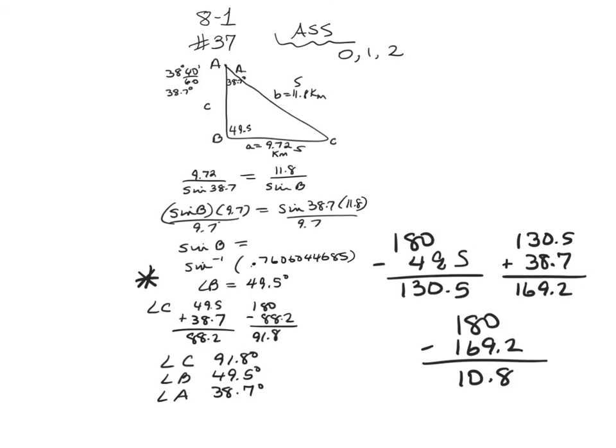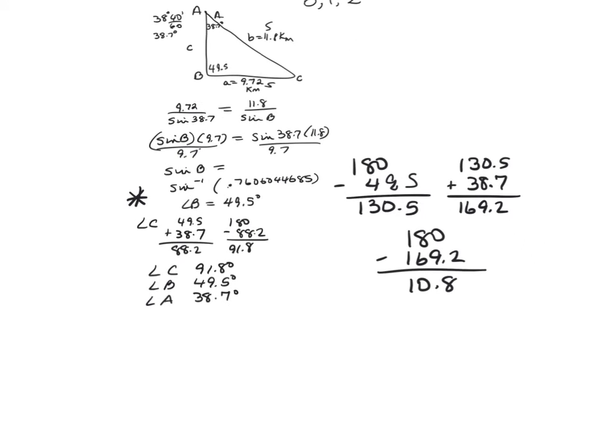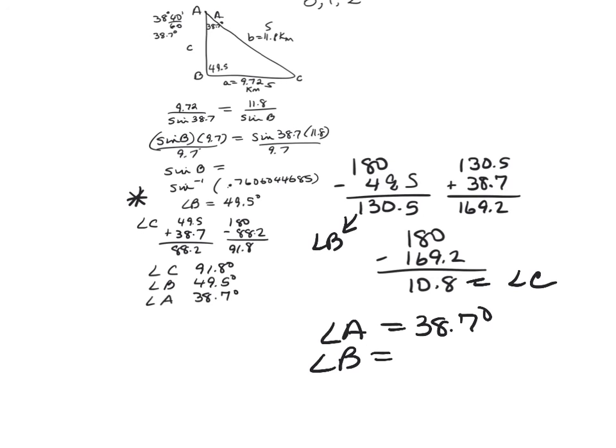So now the angles for my second triangle are my original given, angle A, 38.7 degrees. This is angle C. This is angle B. So angle B is 130.5.